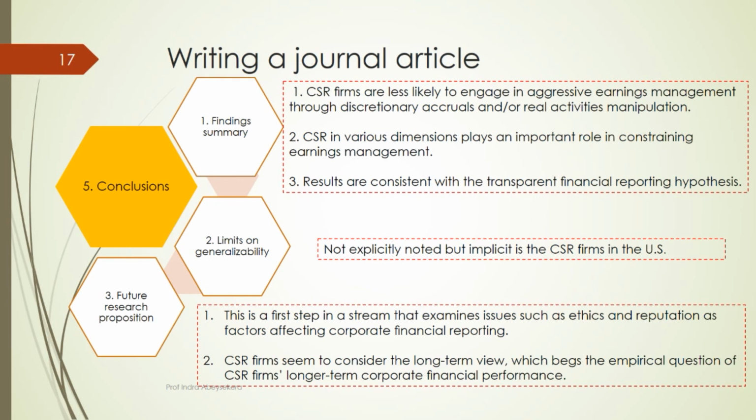So it said that CSR firms are less likely to engage in aggressive earnings management through discretionary accruals and real activities manipulation, and then said that the CSR plays an important role in constraining earnings management, and third, it said that results are consistent with the transparent financial reporting hypothesis. That's the ethical perspective of the hypothesis.